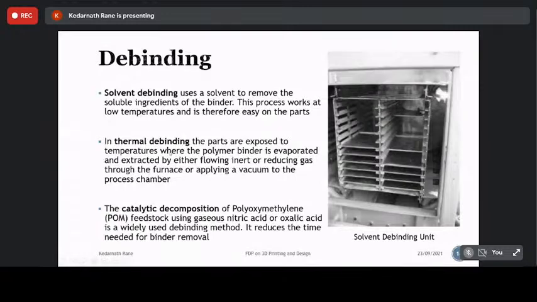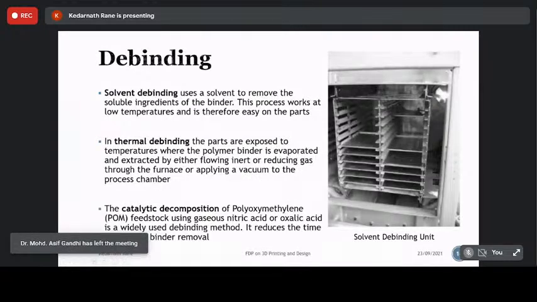The next process is thermal debinding. As we saw earlier, there is a binder constituent which is called the backbone binder. We need to remove this binder system before the sintering process, and this solvent debound part goes to the furnace. Again, it is not a very high temperature. The furnace uses vacuum or some kind of reducing gas for the debinding process.